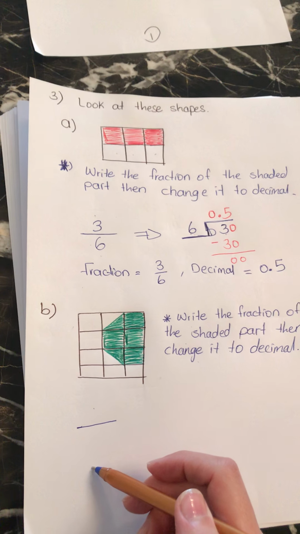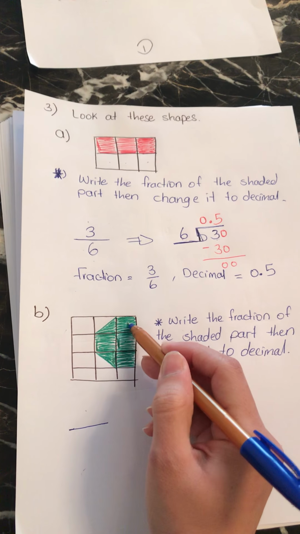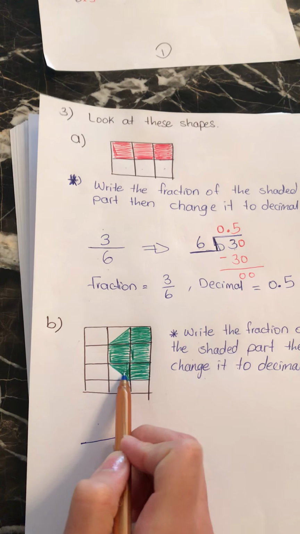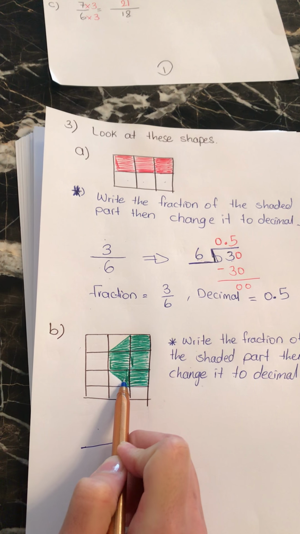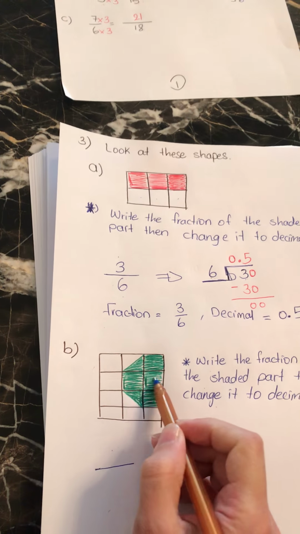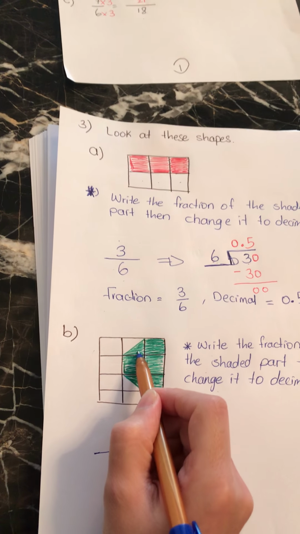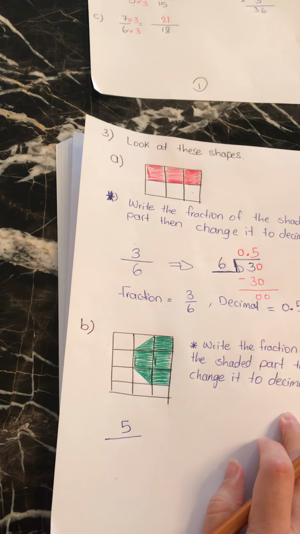Okay, I'm counting the shaded part. 1, 2, 3, 4, and these two together will make one full shaded square. So it will be 1, 2, 3, 4, and these together 5. So the numerator is 5.